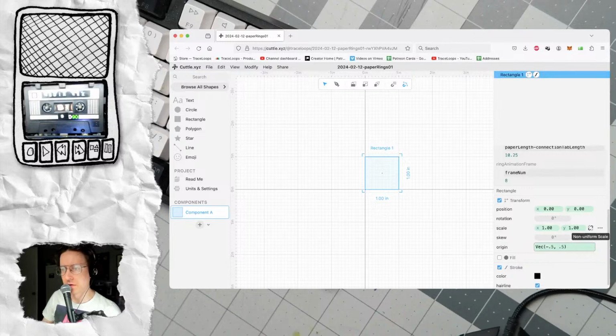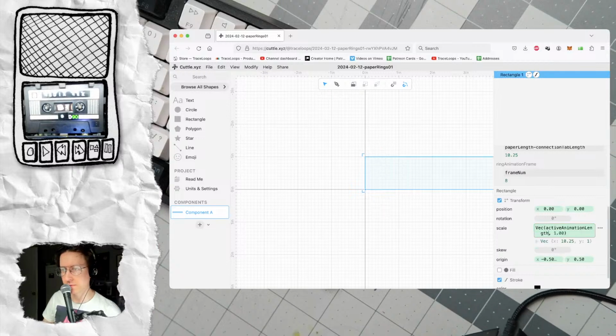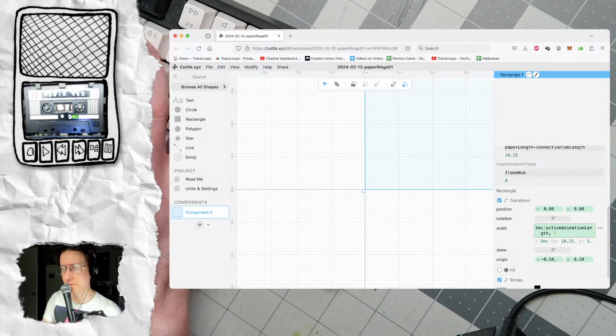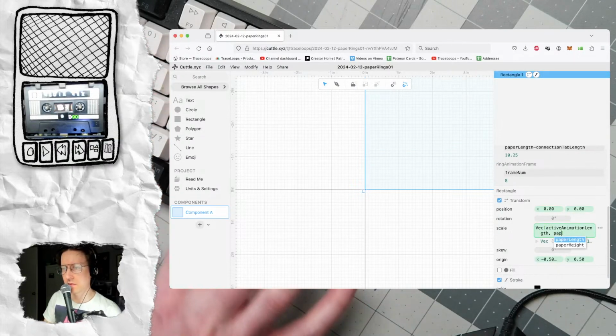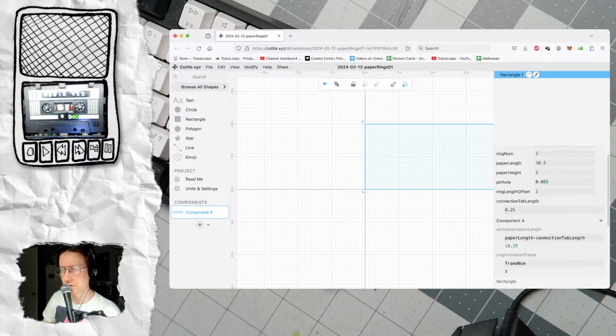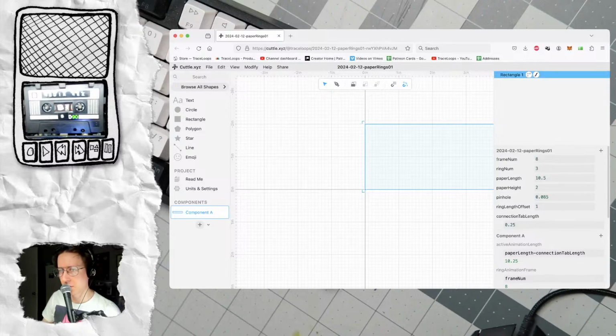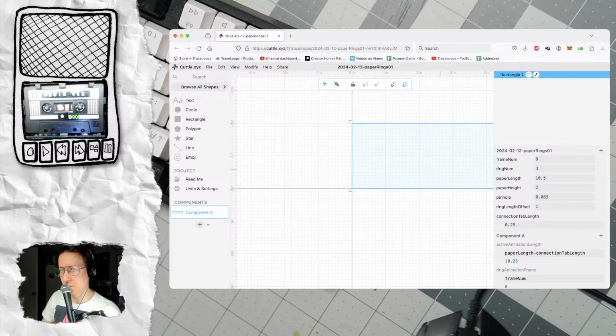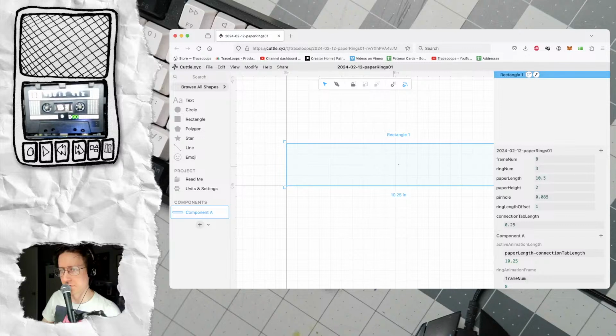Scale is going to be active animation length, and the height will be paper height. Let's rename this to be, you know what, that's fine. Okay, that's what I'm working with as a base position.